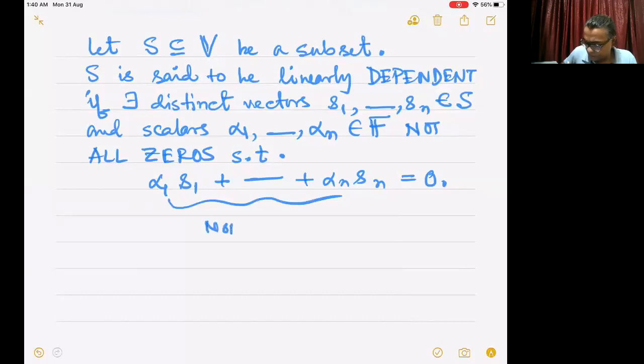Remember this term, non-trivial linear combination, because we'd be using it very often in this course. So in words, a set S is called linearly dependent if it contains a collection of distinct vectors such that at least one non-trivial linear combination of them is equal to 0.